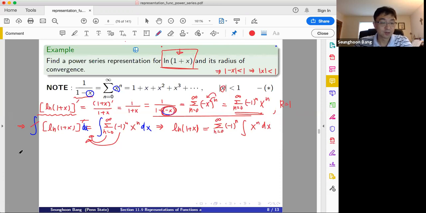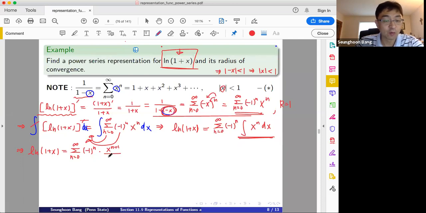So what's that? So we have ln of 1 plus x equals summation n equal to 0 to infinity minus 1 to n. The integral of x to the power n is the power rule, x to the n plus 1 over n plus 1. So like this.